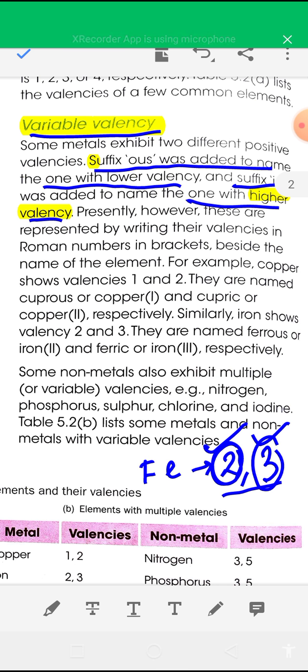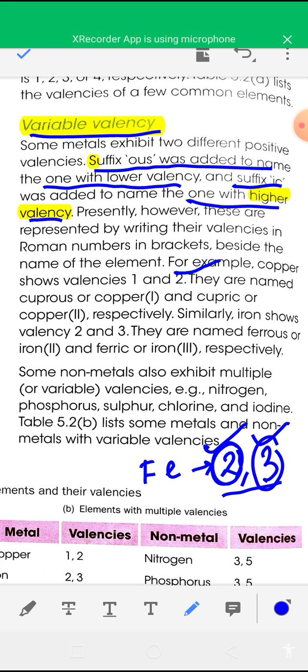Similarly, copper has two valencies, 1 and 2. For the lower valency, copper 1+, you write cuprous, and for the higher valency, copper 2+, you write cupric. That is, cupric means copper 2 and cuprous means copper 1. Presently, variable valencies are represented by writing the valency in Roman numerals in brackets beside the name of the element.